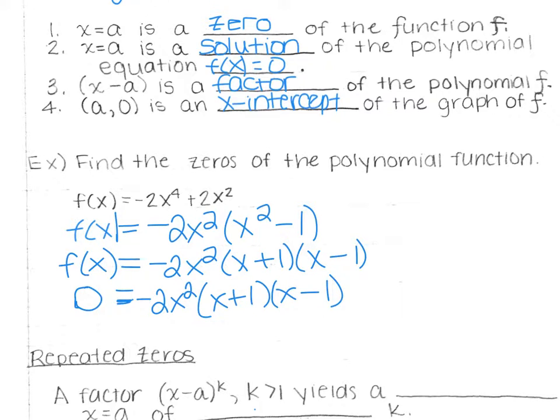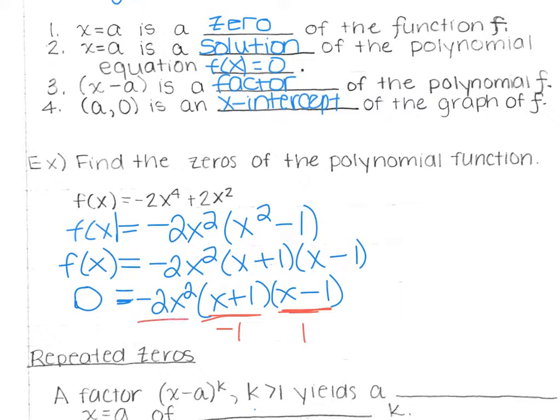So we'll first look at what is going to make our factors be 0. In this x plus 1, if I substituted a negative 1 in for x, that would get me a 0. If I substituted in 1 for x minus 1, that would also be a 0.